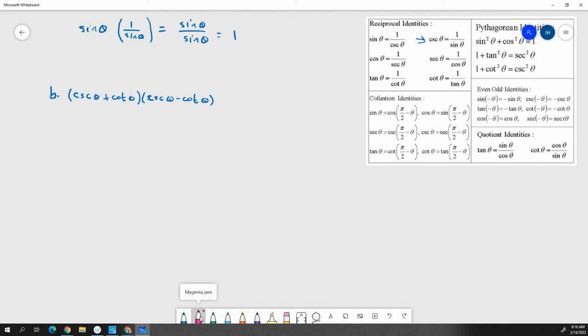And some of you might remember the term FOIL, although if you had me for math, I didn't teach it to you because I hate it. But what it means is that we're going to take this first piece and we're going to multiply it times this first piece, right? We're just going to multiply these through. Cosecant of theta times cosecant of theta is just cosecant of theta squared.